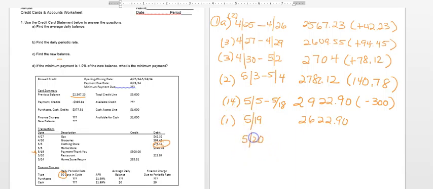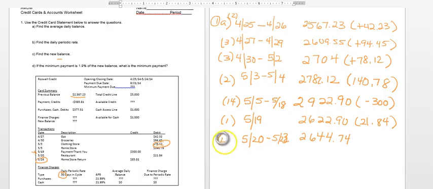And then on 5/20 I make a purchase. So that means I've got to add the $21.84. So starting on the 20th, I have a new balance of $2,644.74, which lasts until May 23rd. Going back over here, on the 24th, I get another credit.